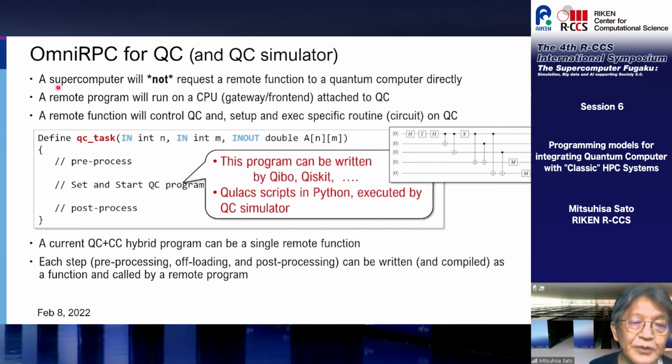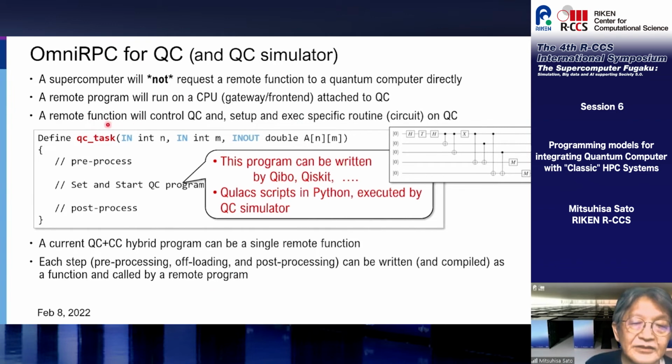The supercomputer does not request the remote function directly from the quantum computer. We assume that a conventional CPU system sits in front of the quantum computer to control the quantum computer and the hardware.